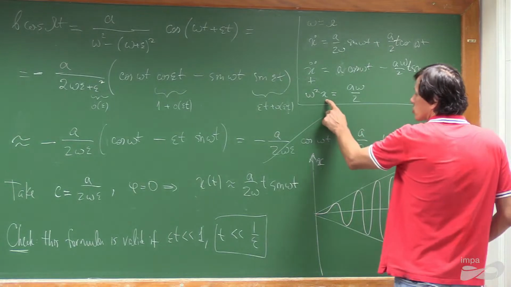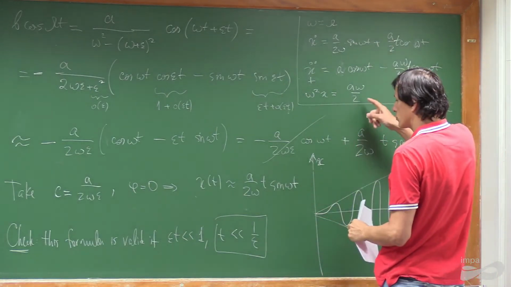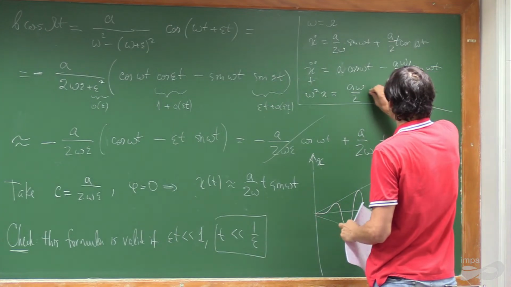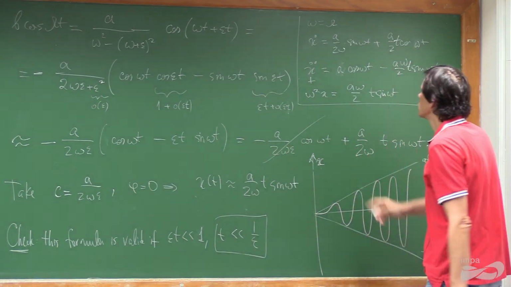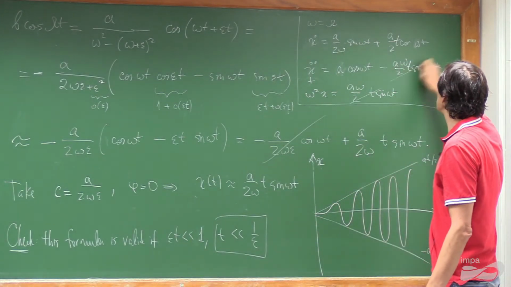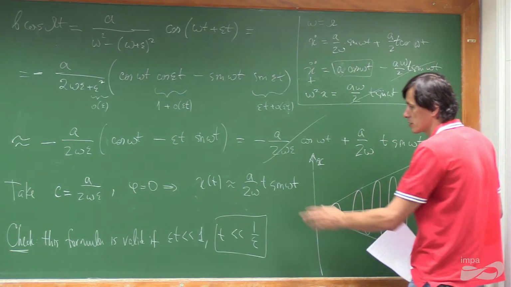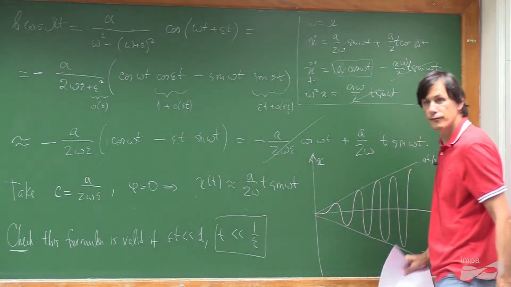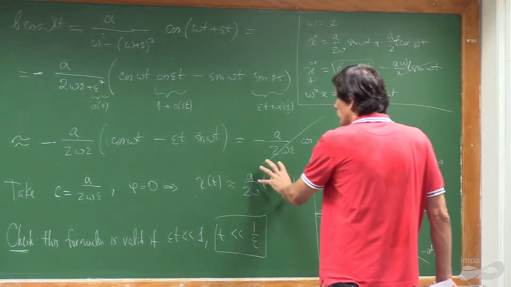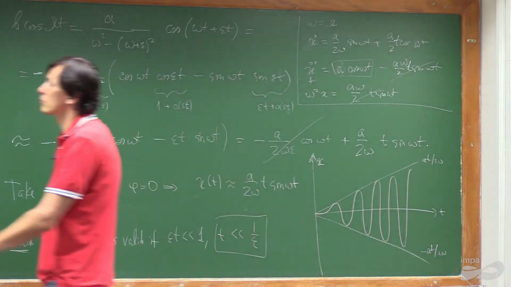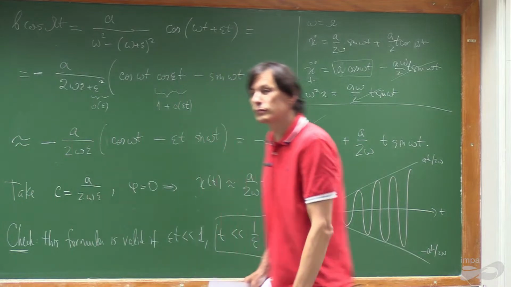And x double dot plus omega squared x is A over t sine omega t. So when you sum, this term cancels, and you get exactly the solution. So at exact resonance, this is an exact particular solution. For the general solution, you add the general solution of the previous one. So it's okay.